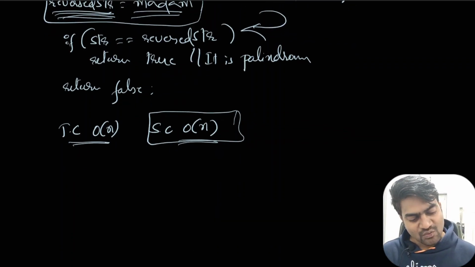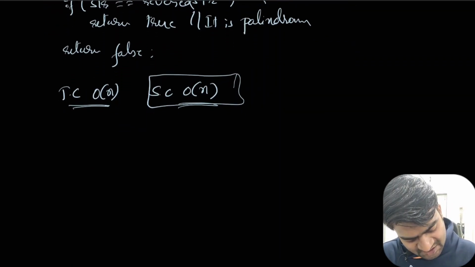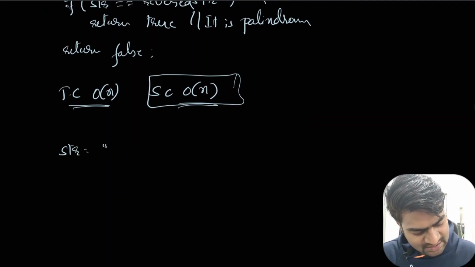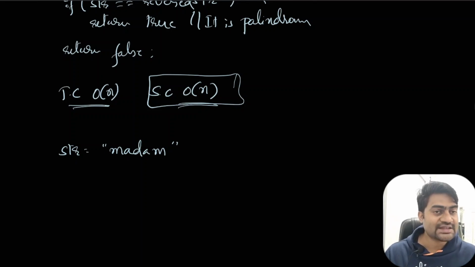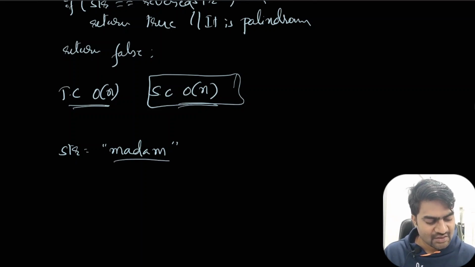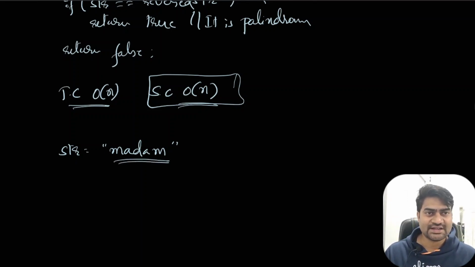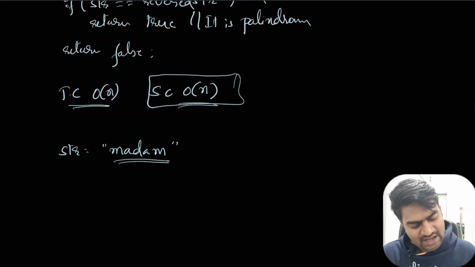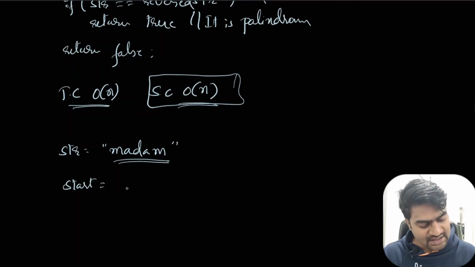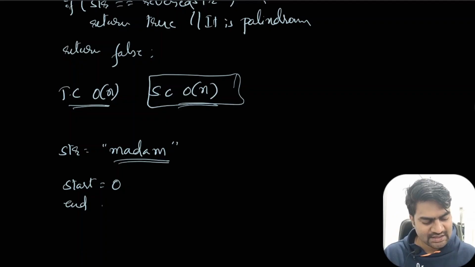Okay, so now I will take the same string, str, MADAM. This is my original string. Now I don't take any extra space. I will take a pointer start and assign 0 to it. Then I will take an end pointer and assign it to the last character.